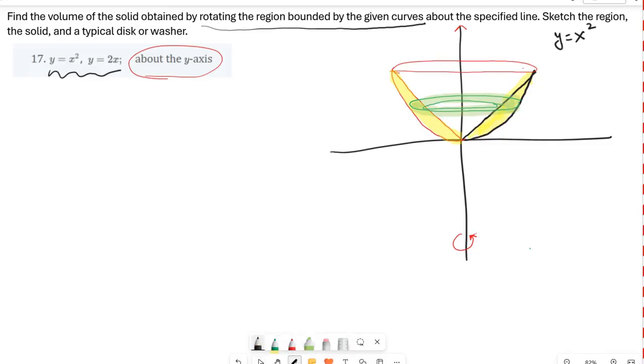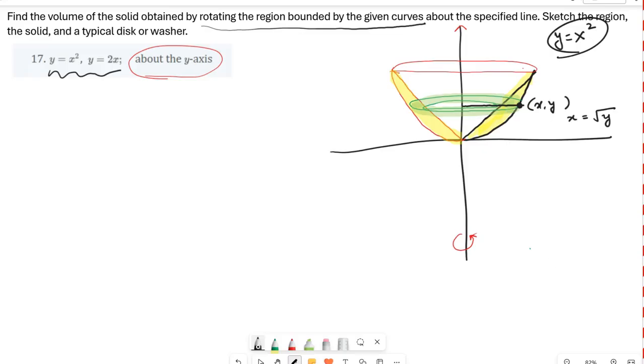For that, we need to first find the outside radius. What is the outside radius? If this point is on the parabola y equals x squared, then x would be equal to the square root of y. I'm only taking the positive part because it's in the first quadrant.